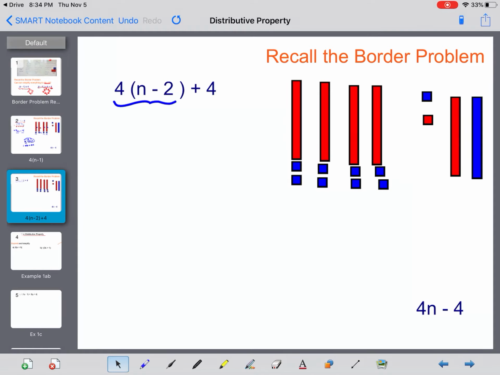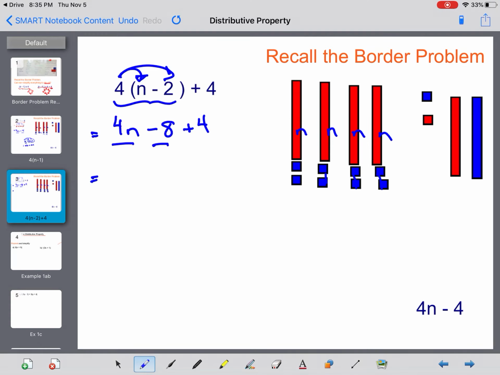So we can see that now I have 4n, and 2, 4, 6, 8, minus 8, which is what we would expect. If we use the distributive property that I just showed you, 4 times n is 4n, and 4 times negative 2 is minus 8. And then I still have this plus 4 here that we have to consider.